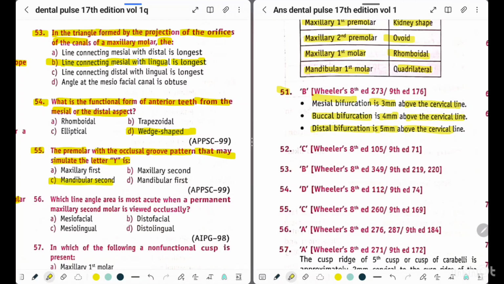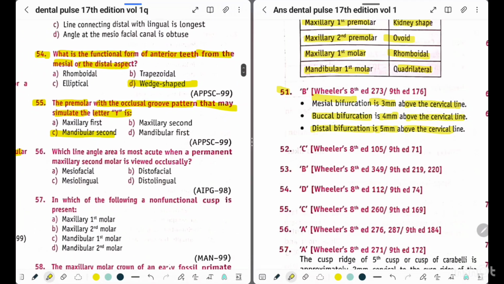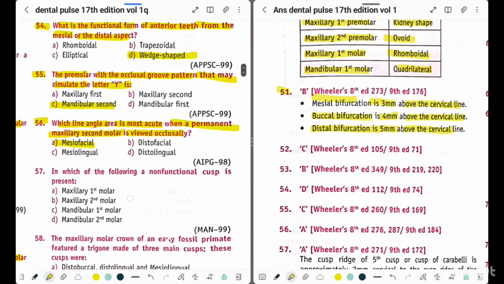So its answer is mandibular second premolar. Question 56. Which line angle area is most acute when a permanent maxillary second molar is viewed occlusally? So its answer is mesiofacial. Mesiofacial line angle area is the most acute when a permanent maxillary second molar is viewed occlusally.